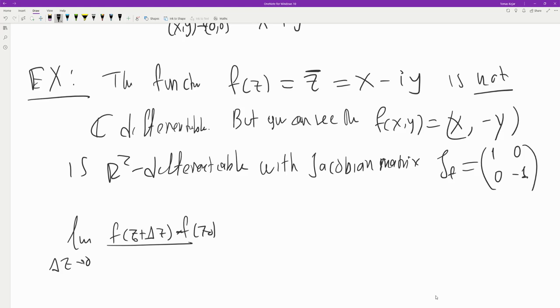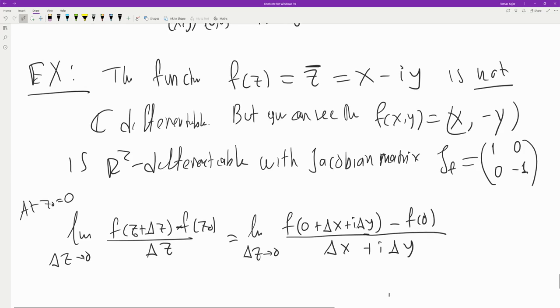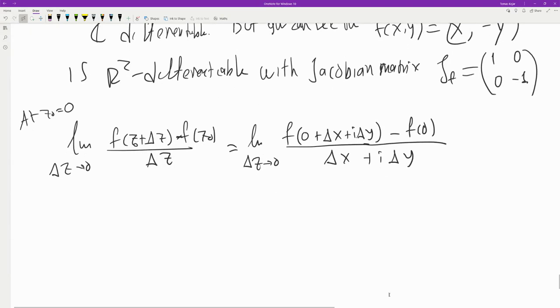Okay, so we have this difference quotient. Okay, let me do it at 0. So z naught is 0. But in fact, it fails everywhere. So we have f of 0 plus delta x plus i delta y minus f of 0. Okay, so we have the limit.